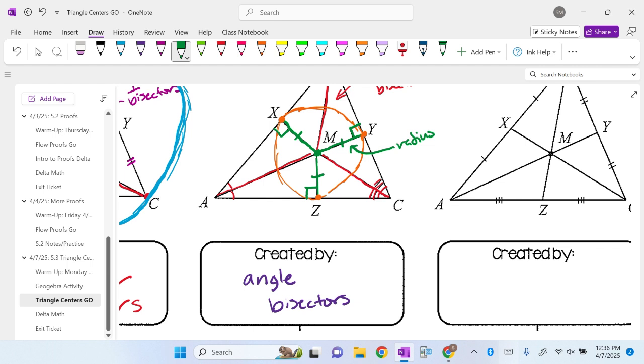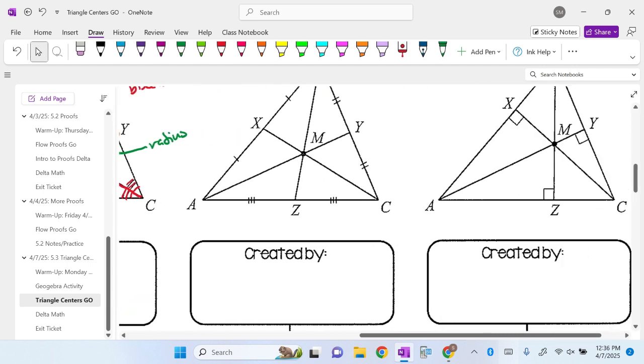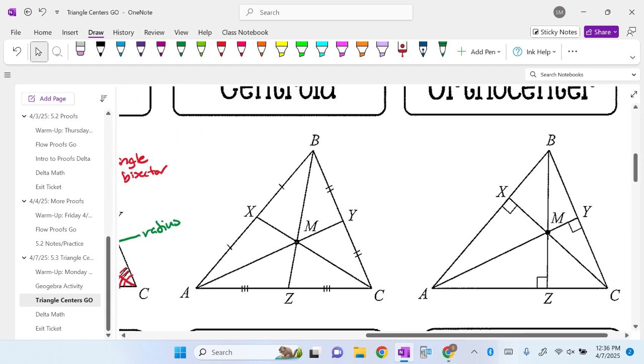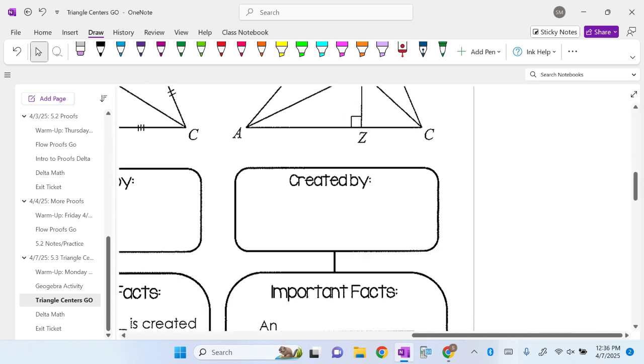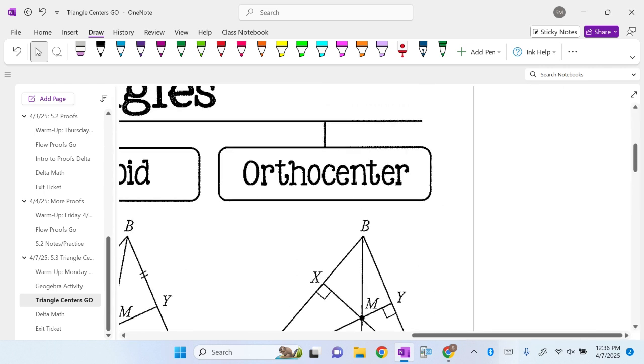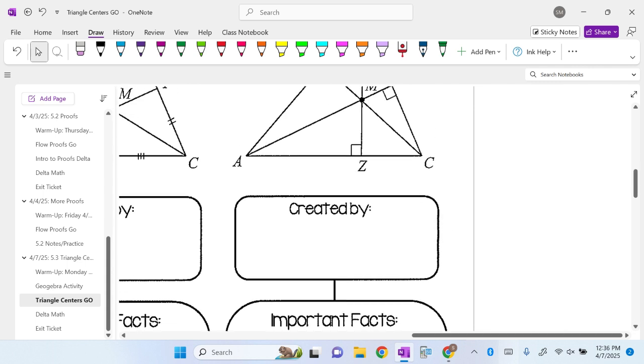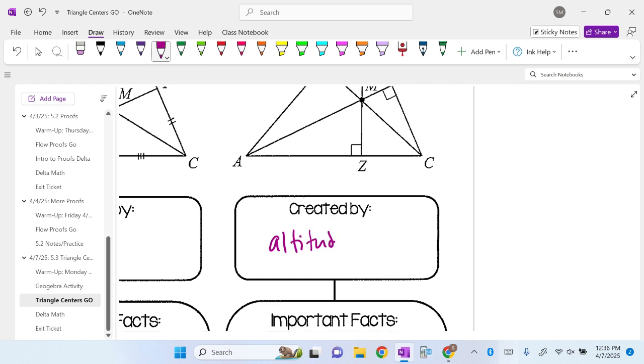Now, I'm going to come back to median in just a second, but we're just going to go ahead and do orthocenter next because it's pretty straightforward. But centroid takes a little bit of work. So, orthocenter, all right? This is created by the altitudes of the sides.